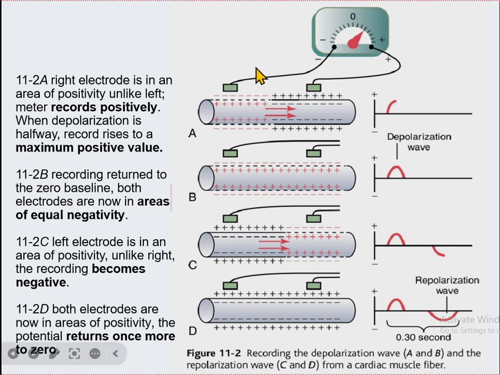A voltmeter has a negative terminal and a positive terminal. You note that. When will the voltmeter give you a positive deflection? A voltmeter only gives a positive deflection if its positive terminal is in a place which has a higher voltage, and if the negative terminal is at a point which has a lower voltage.